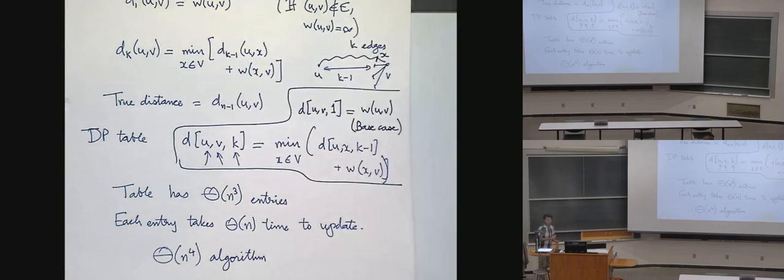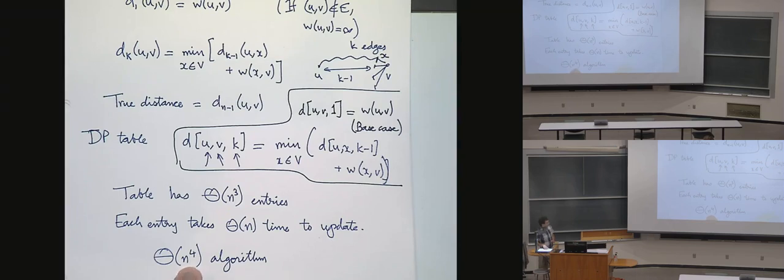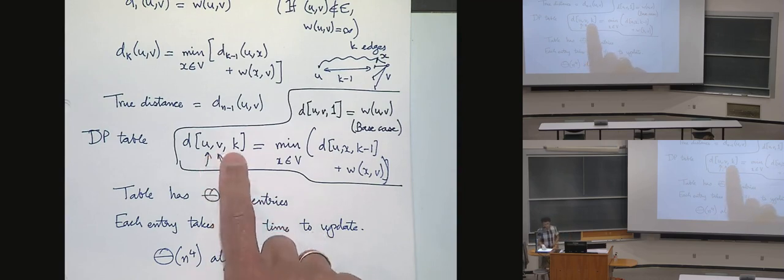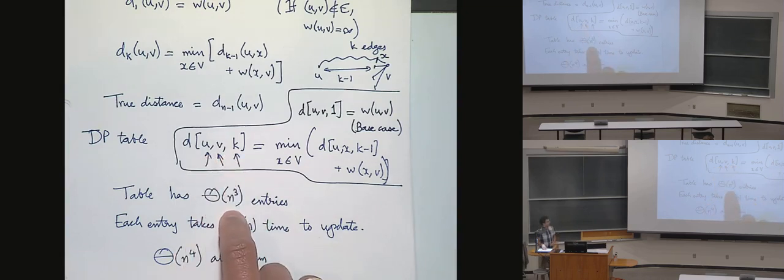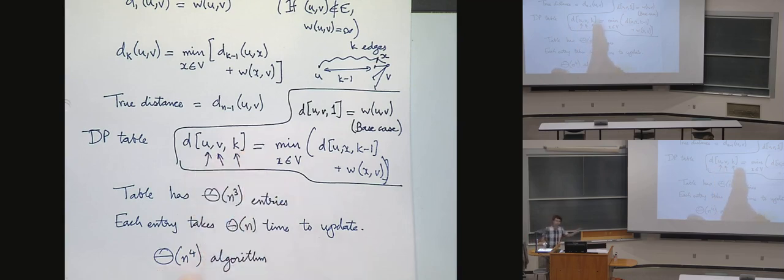So the first thing to observe is you can actually get one of these n's to be a log n instead by what's called a doubling trick. Another thing to think about for the implementation: if you only care about the last output, you don't have to store all these intermediate values. If you have d_uv for k, then you compute d_uv of k plus 1, and then you just throw away the k.